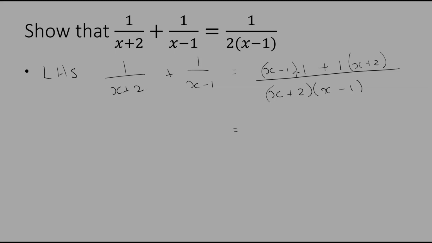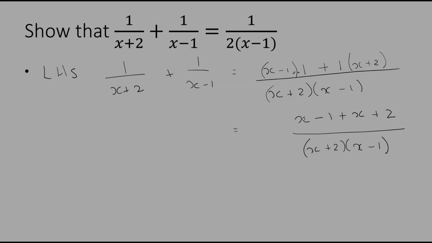Now I'm going to sort that out. On the top line, I'm going to go x minus 1 plus x plus 2. And then on the bottom line, we've got x plus 2 times x minus 1.